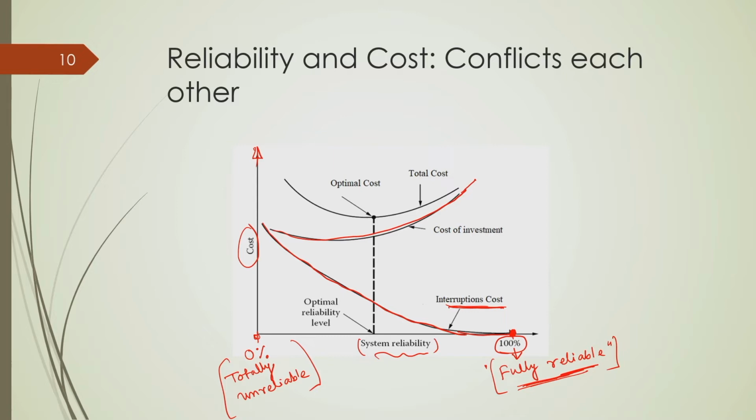Okay. Now, if we take a summation of these two costs, if you look at the way they are varying, they conflict with each other.